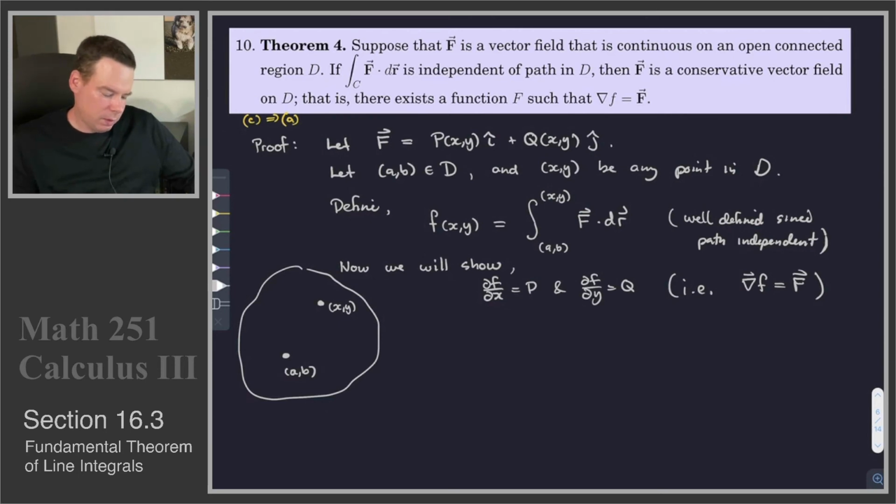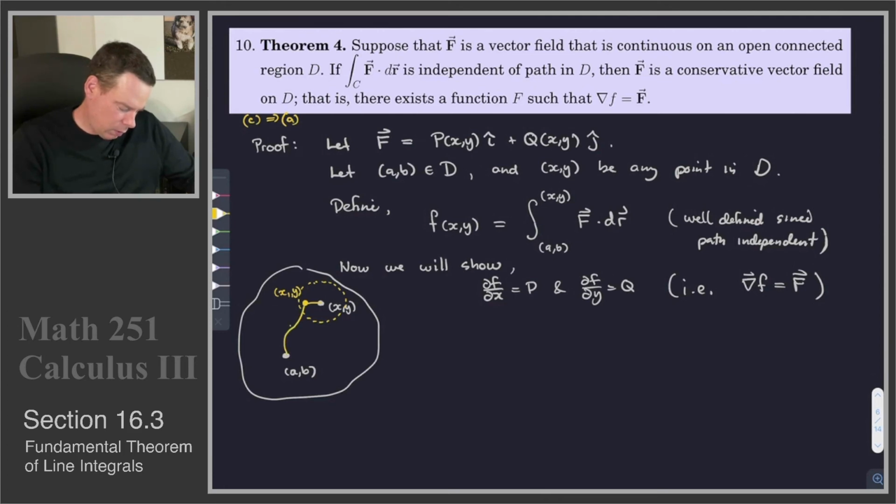And because the region we are working over is open, I can find a disk around this point that lives entirely inside the region D. So I can find a disk like that, and then I can find another point nearby. That other point nearby is going to be (x1,y). And so basically there's a horizontal line segment that connects them. Just the x values are increasing. They have the same y value, the same height.